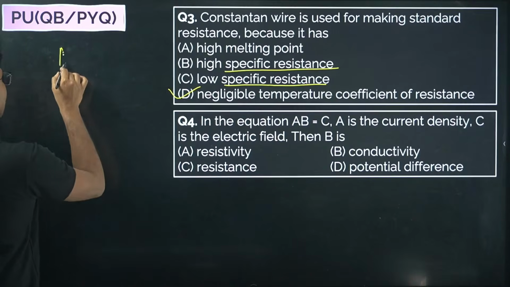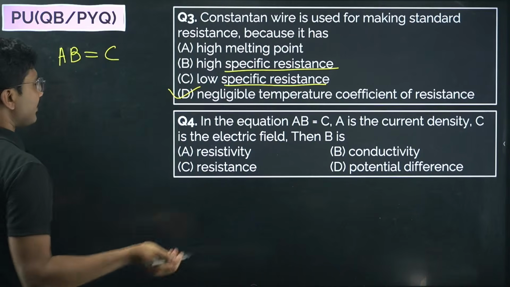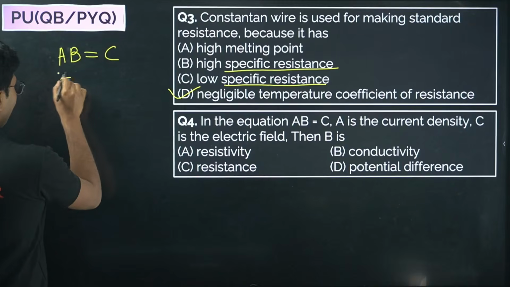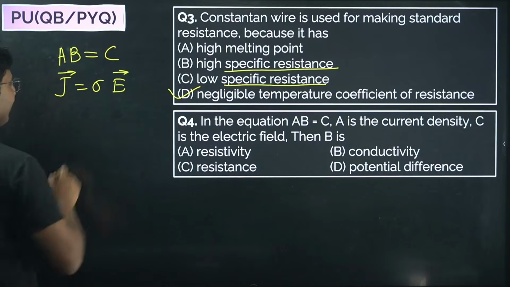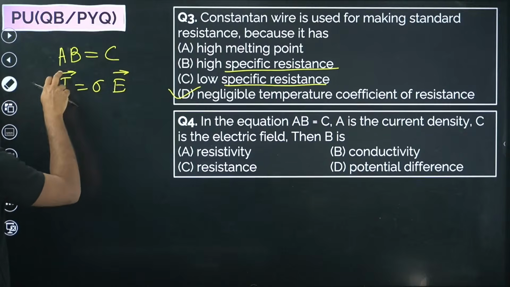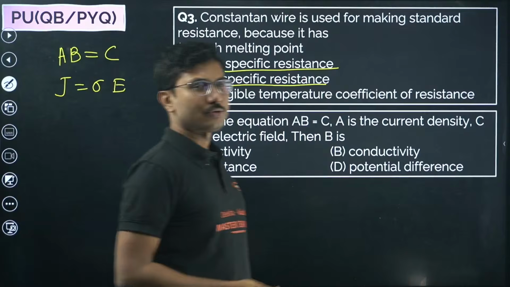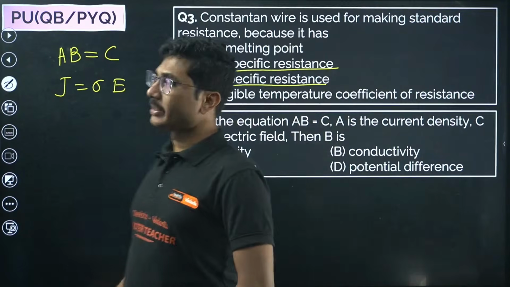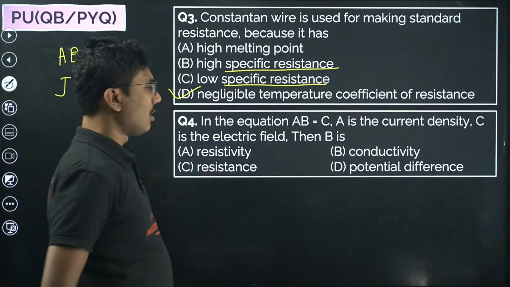So this equation is very similar to J equals to sigma E. In vector notation, if J and E are in the same direction, we can ignore the vector sign for now and just write the scalar form. So in that case, what is the value of B?